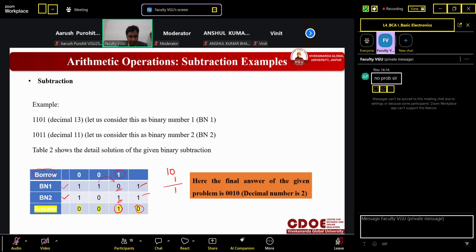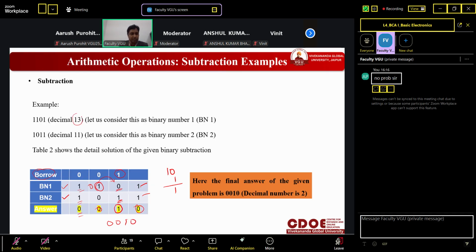So this is 1. And this number was 1 and it has given borrow 1. So what will happen? What is remaining? It is 0. So it will become 0. 0 minus 0 is 0. And 1 minus 1 is 0. So this is the answer, 0 0 1 0.